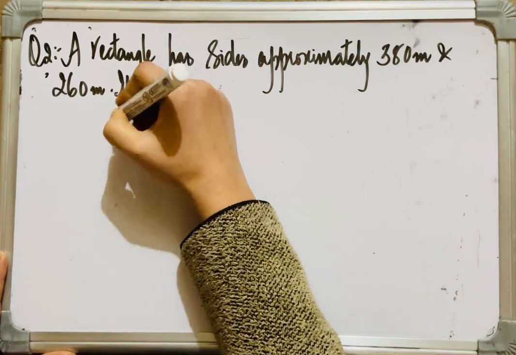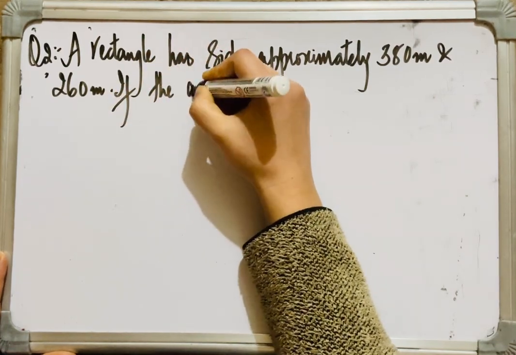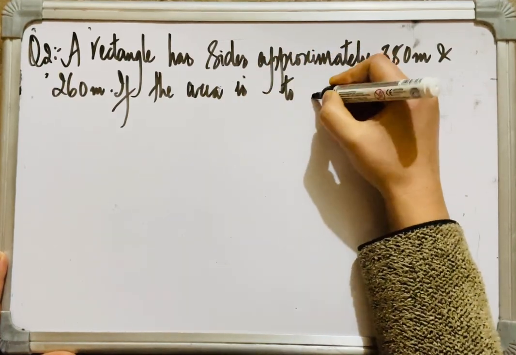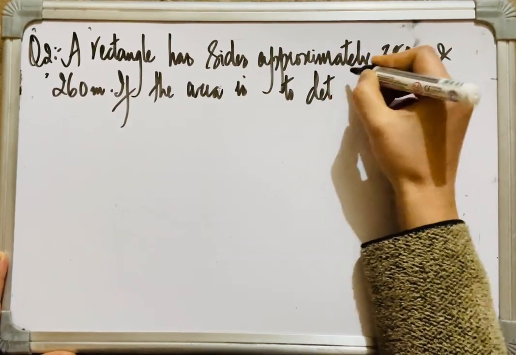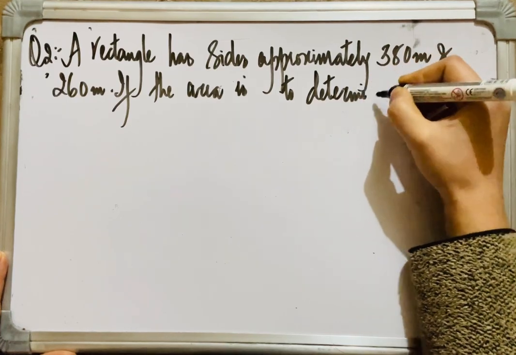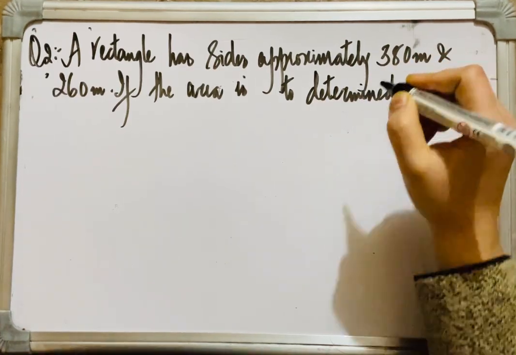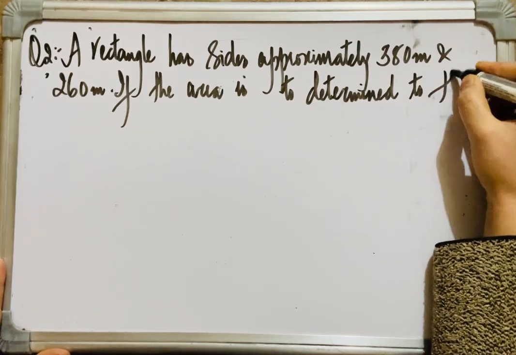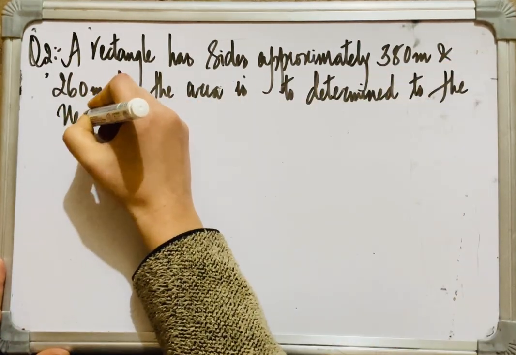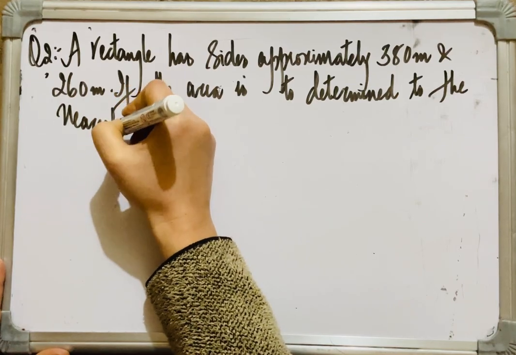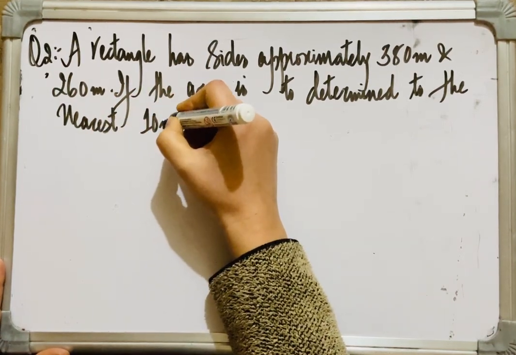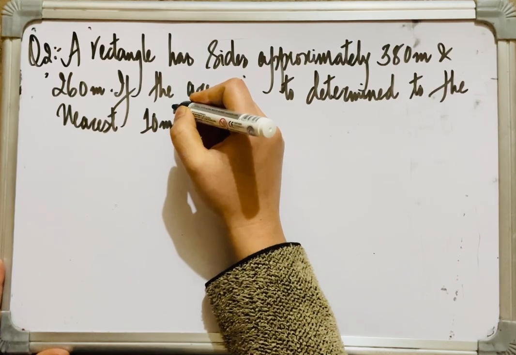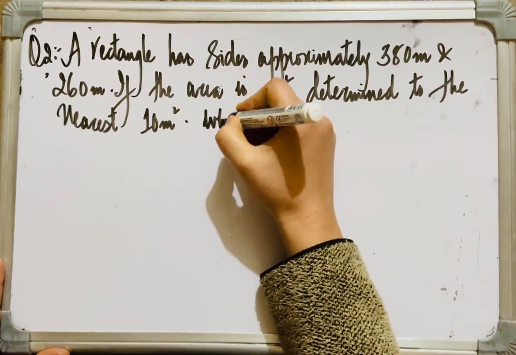If the area is to be determined to the nearest 10 meter square, what will be the maximum error permitted in each line?